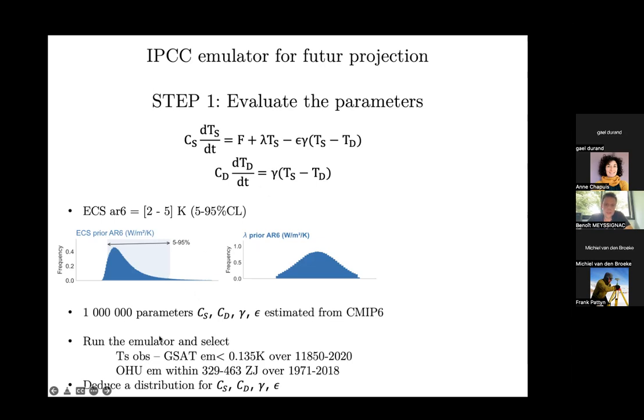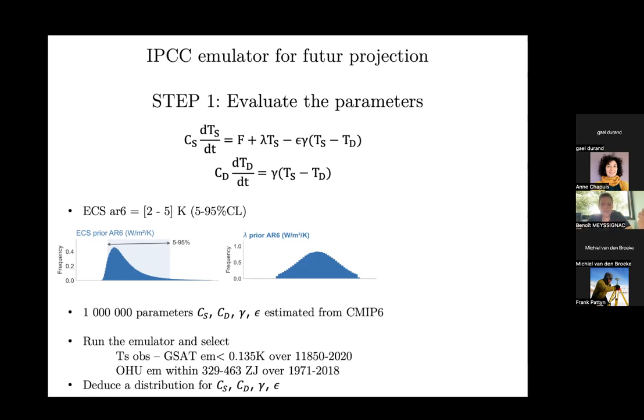And they check if it fits observations, with some thresholds. You need to fit the surface temperature with a threshold below 0.135 Kelvin, and you need to fit the ocean heat uptake, which has to be between 329 and 463 zettajoules between 1971 and 2080.